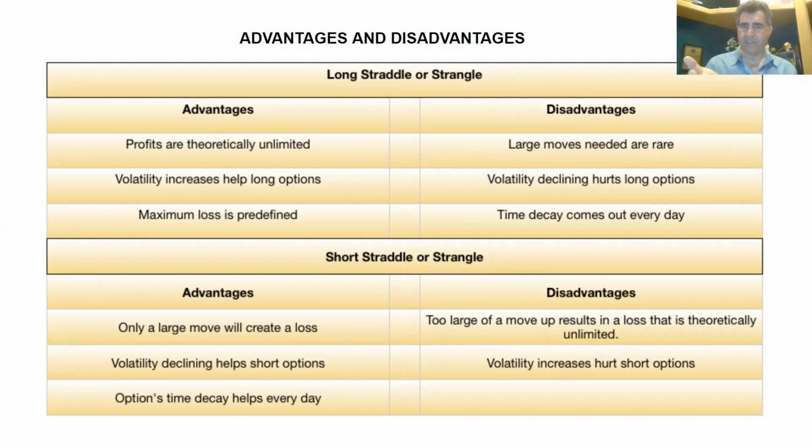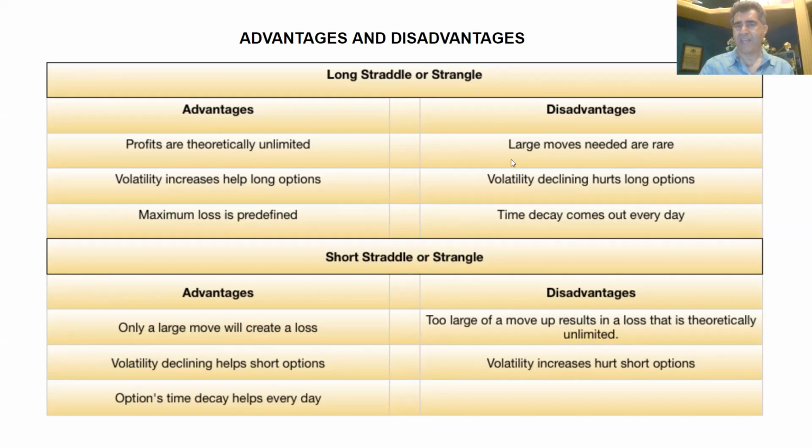You have unlimited profit, but you have obviously a predetermined risk, which is the premium that you paid. So the advantage is that if volatility comes in, if it's a big event, then you could have a good profit. And that's what you're betting on, the volatility, because it's going to help you make a profit. The maximum loss is, again, the premium that you paid.